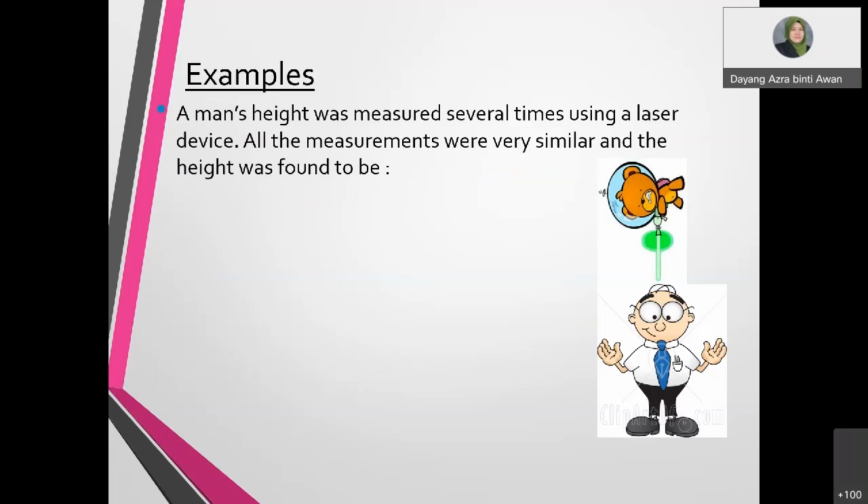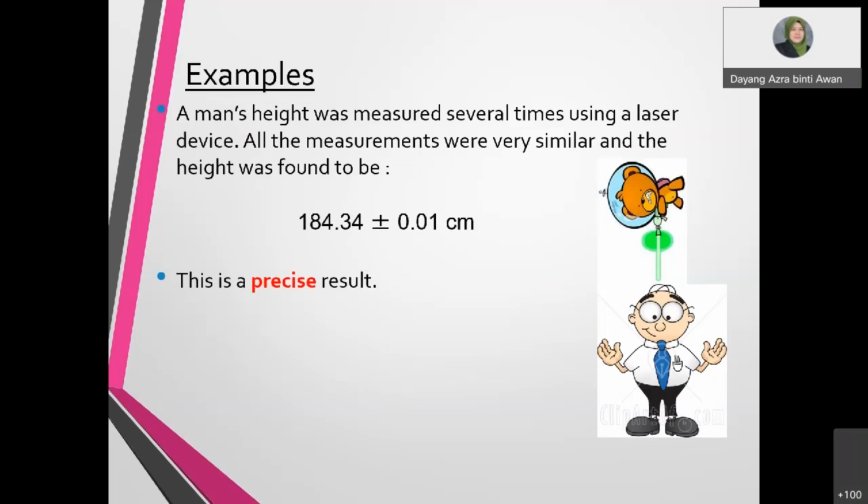So for example here, okay, kalau you tengok orang ni, so a man's height was measured several times using a laser device. So all the measurements were very similar and the height was found to be 184.34 plus minus 0.01 centimeter. Okay.